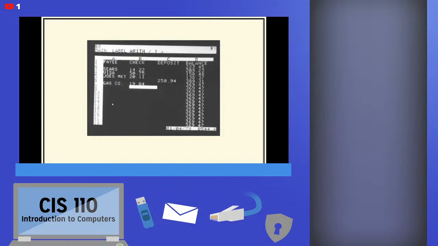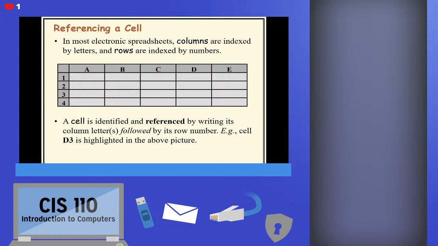It was just to give it some kind of structure so that we could reference these cells in a particular manner. And that's the way that we do engage in referencing our cells. So in most electronic spreadsheets that you encounter, the columns are indexed by letters and the rows are indexed by numbers. And it's been that way since the very beginning.